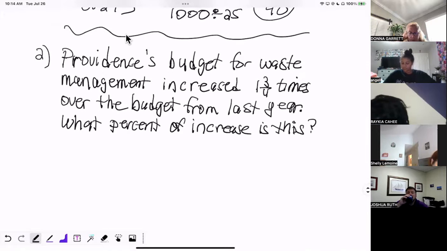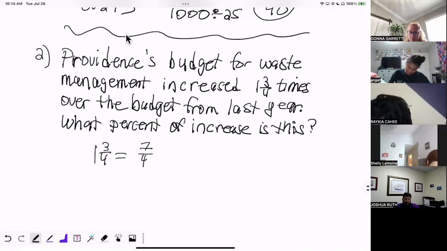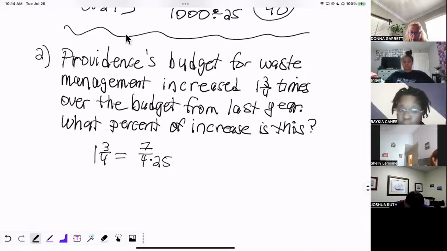This one, if I make it an improper fraction first, 1 3/4 is really equal to 7/4. If I multiply the denominator by 25 to make 100, I'm going to multiply the numerator by 25 as well, right?